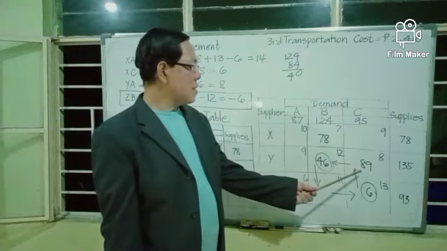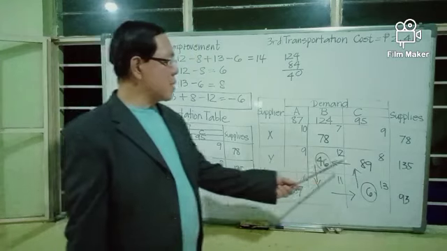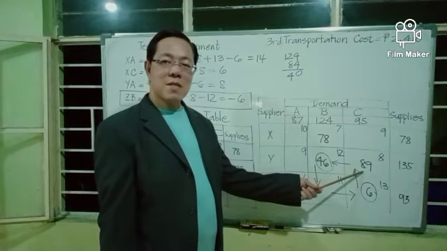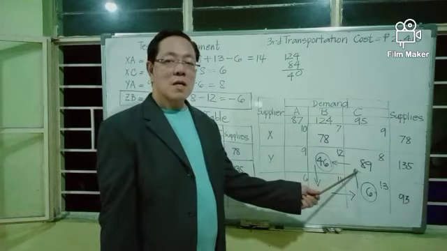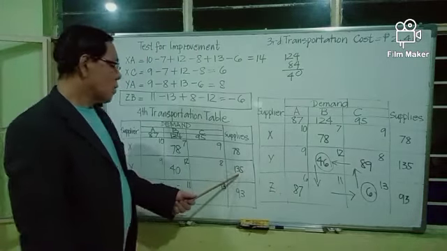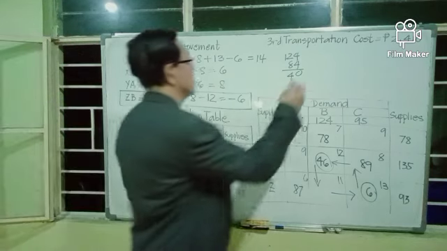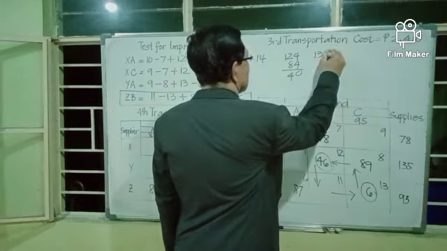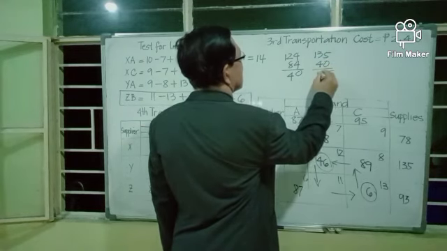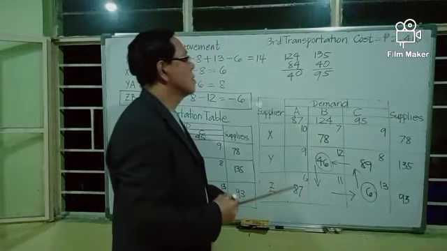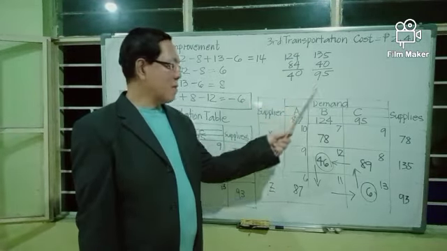And 89 will also change. The number to be placed here in this cell YC is 135 minus 40. 135 minus 40 is 95.